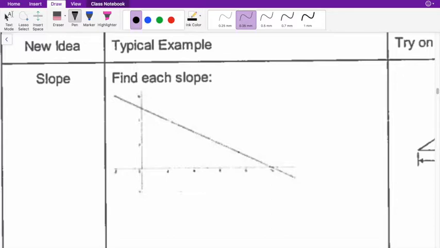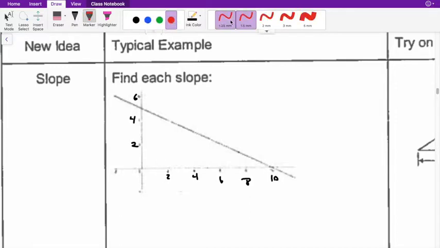And let's say that each one of these marks is worth 2, for lack of a better term. So this will be 2, this will be 4, this will be 6. This will be 2, this will be 4, 6, 8, 10. All right.